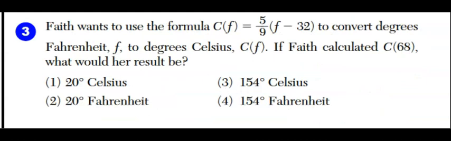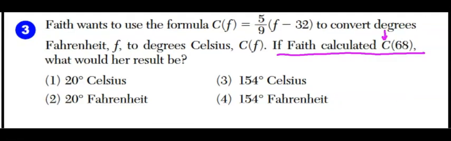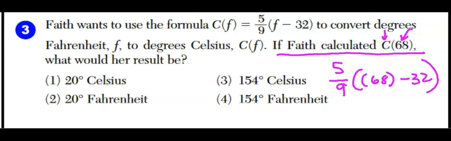The third question gives us the formula of Celsius in terms of Fahrenheit to convert between these 2 degrees. The question over here is if Faith calculated the Celsius with an input of 68 degrees. So the input is the letter F, so we would take the letter F and remove it and replace it with a 68. Simply pick up your calculator and compute.